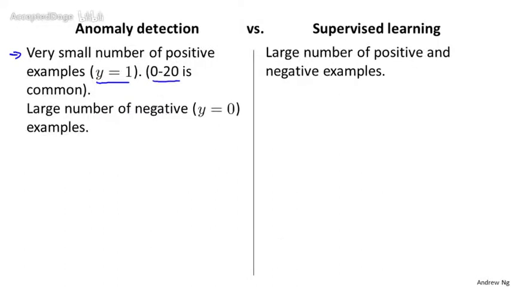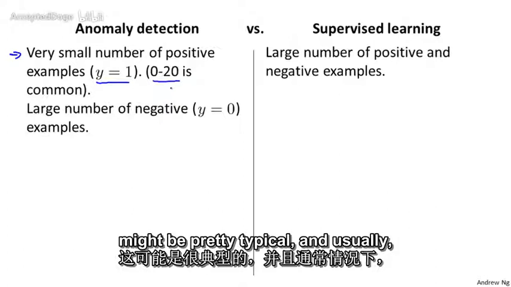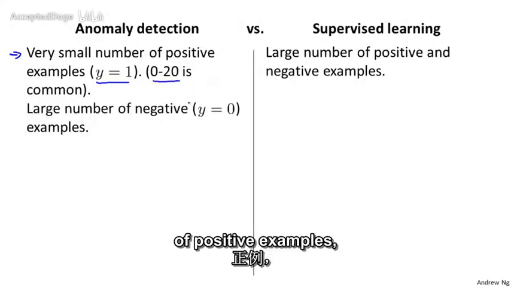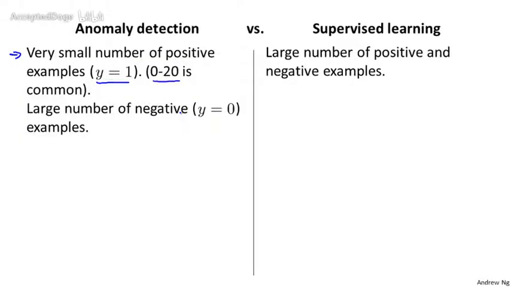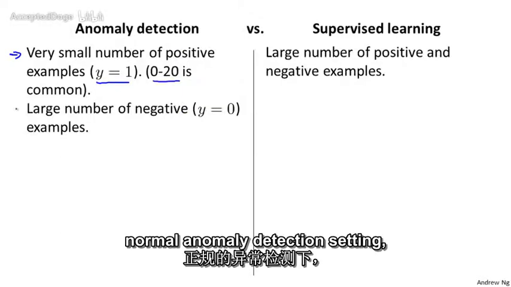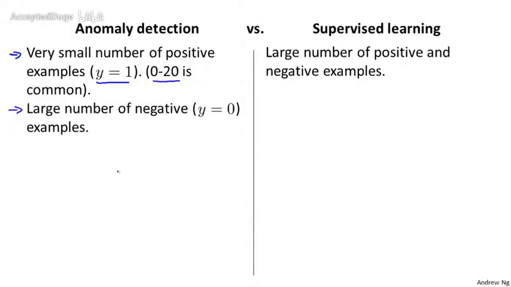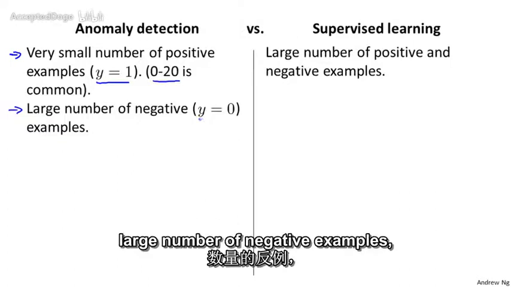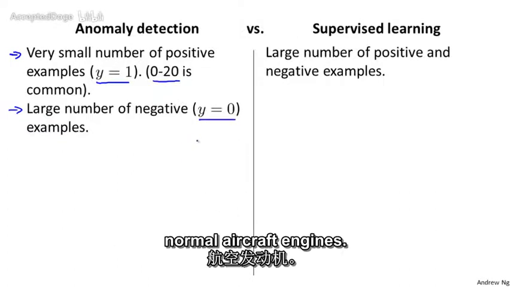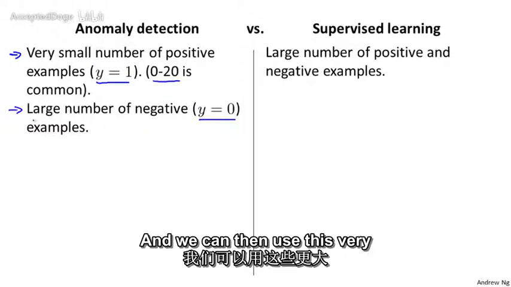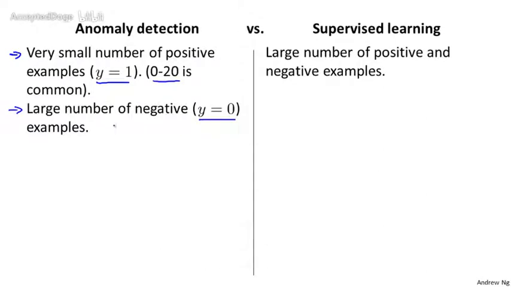So having 0 to 20, maybe up to 50 positive examples might be pretty typical, and usually with such a small set of positive examples, we're going to save the positive examples just for the cross-validation set and the test set. And in contrast, in a typical anomaly detection setting, we will often have a relatively large number of negative examples, of normal aircraft engines, and we can then use this very large number of negative examples with which to fit the model P of X.